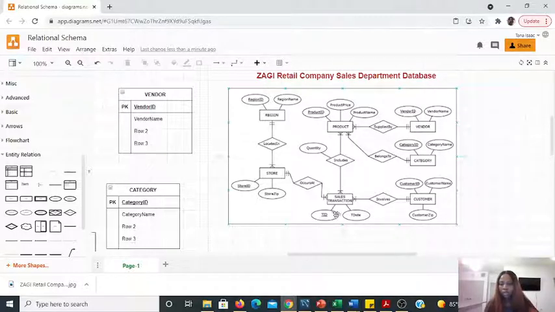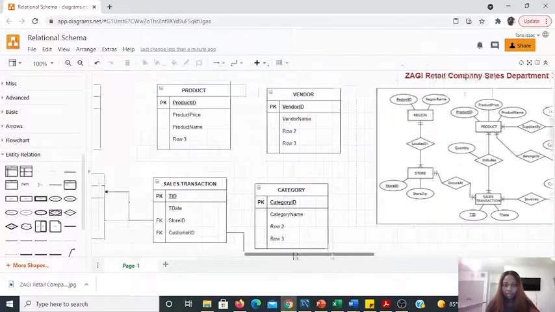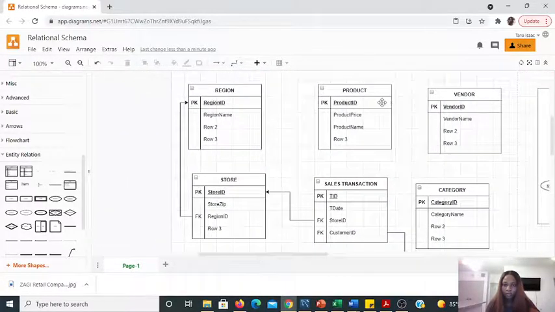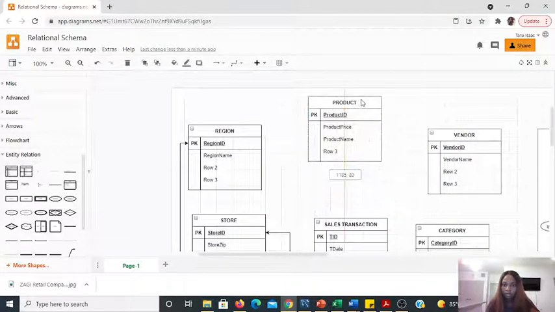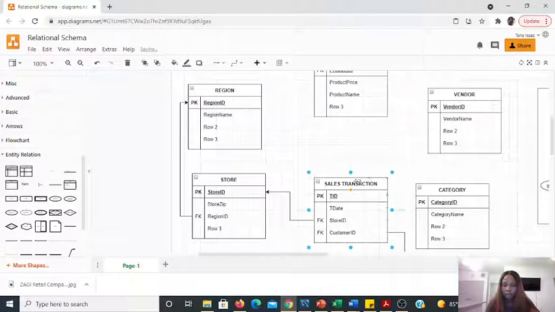When we have two or more keys, it is called a composite primary key. So we will have another table for the two keys.